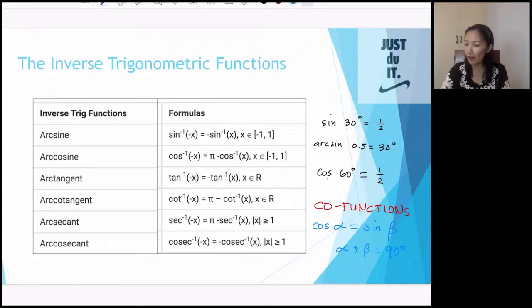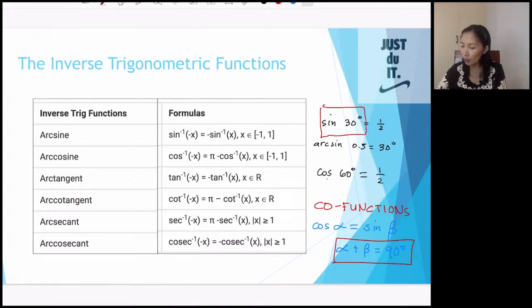Co-function comes from the word complementary. And when are two angles complementary? When their sum is 90 degrees. So sine of 30 degrees is equal to cosine of 60 degrees.